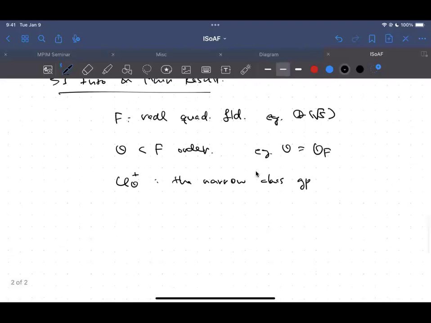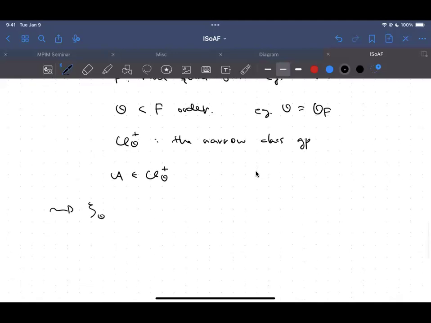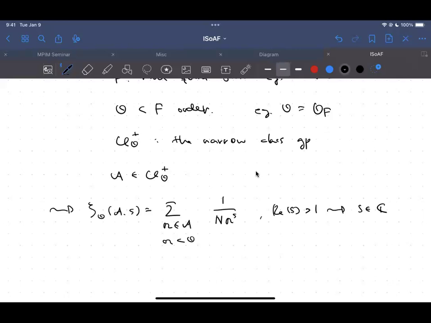Then for a narrow ideal class A, we have the so-called partial zeta function, which is defined to be the sum over all integral ideals in this ideal class of 1 over the norm to the s. It is defined a priori in this region, but can be extended meromorphically to the whole plane.